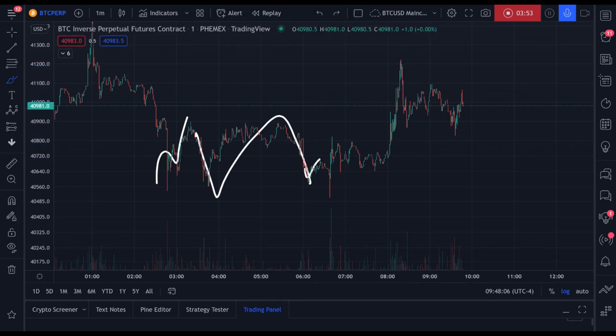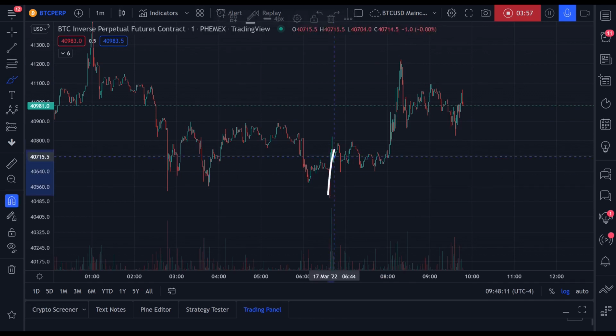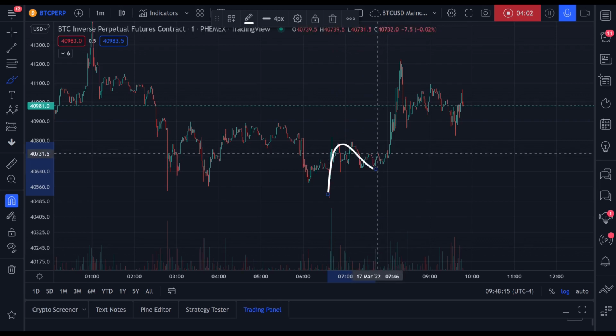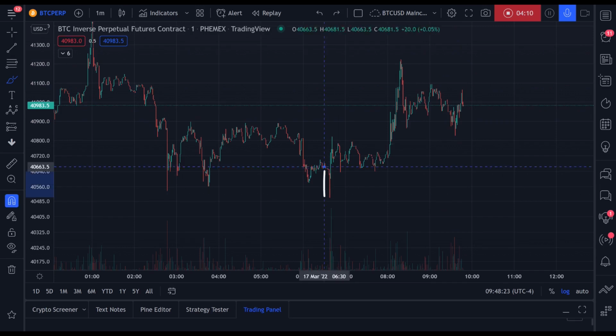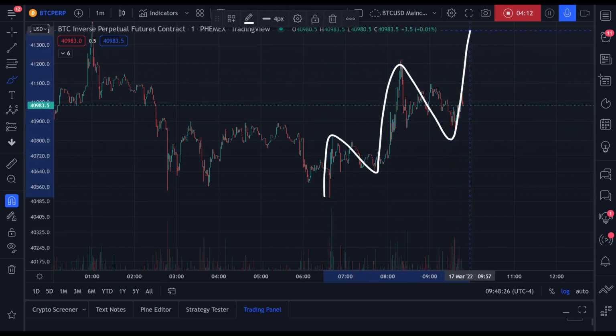So right here, you basically have our 1 wave, our 2 wave, our wave 3, a wave 4, and a wave 5. This, my friends, is a 5-3-5-3-5, an initial diagonal, or leading diagonal rather.